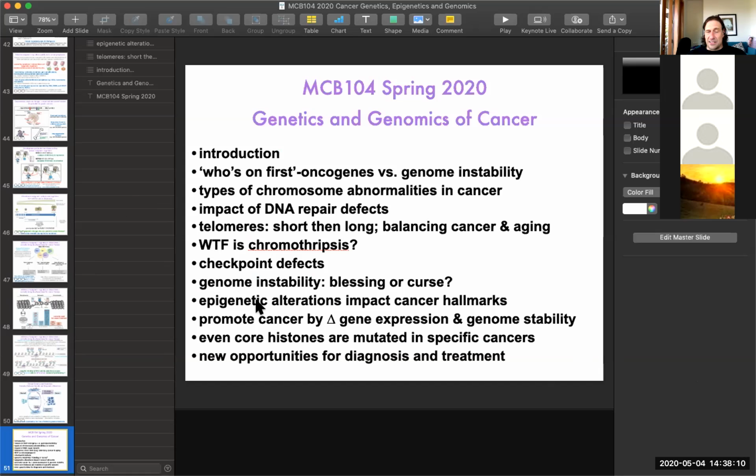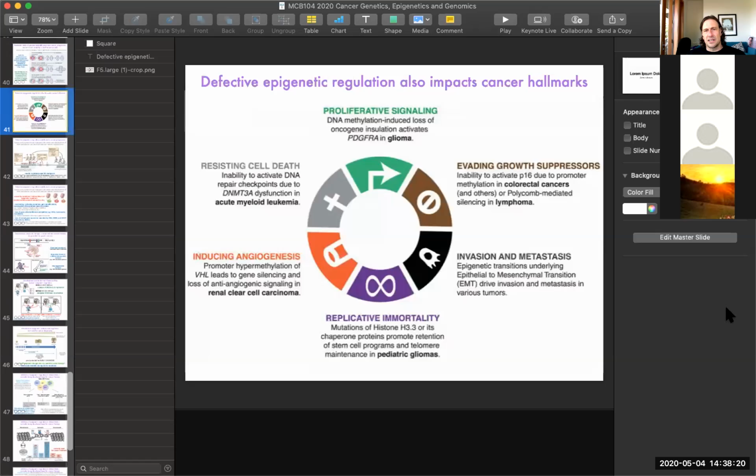So keep in mind that epigenetic alterations also can impact cancer at many different levels. I think I used this as an example. I didn't go into detail here, but if you go back and look, a lot of these are mentioned in the broad hallmarks of cancer. These are just examples where an epigenetic change is involved in specific cancers in causing abnormalities in these kinds of stages or barriers to cancer.